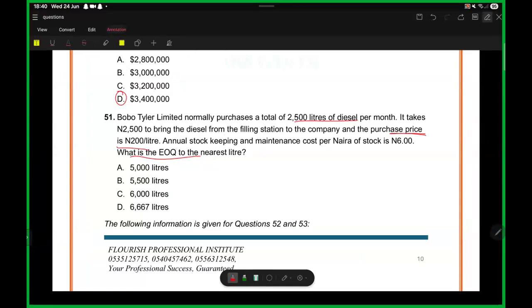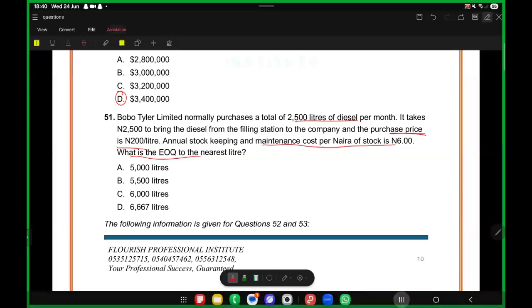We are told that the annual stock keeping and maintenance cost, which is the cost of holding, is 6 naira per liter. These are the parameters we need.